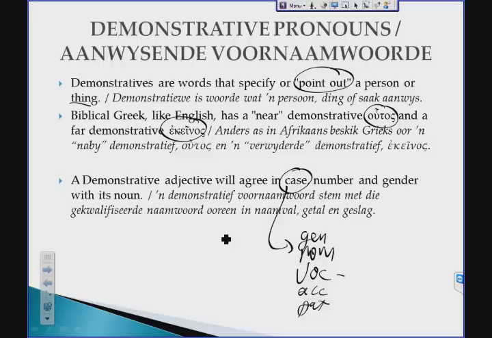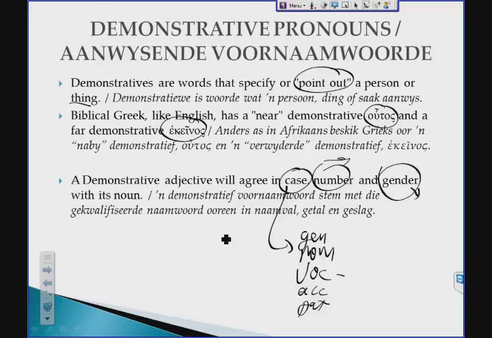So, the demonstrative pronoun, when I say he, Lee, or Mr. Lee, that he and the name must always agree in three respects. That is in case, number, and gender. When we talk about the number, what are we talking about? Whether it's singular or plural. Whether we're talking about one person or more than one.